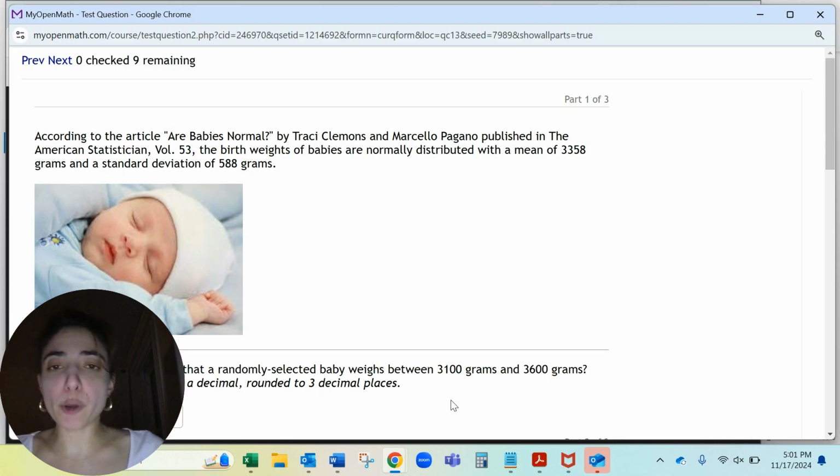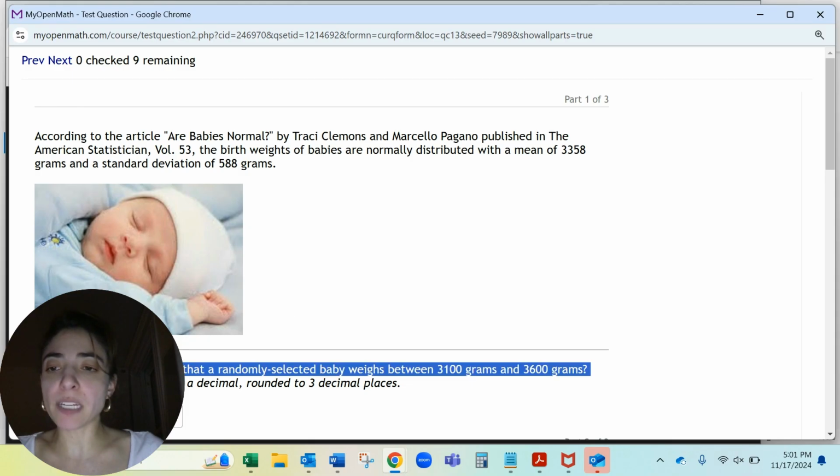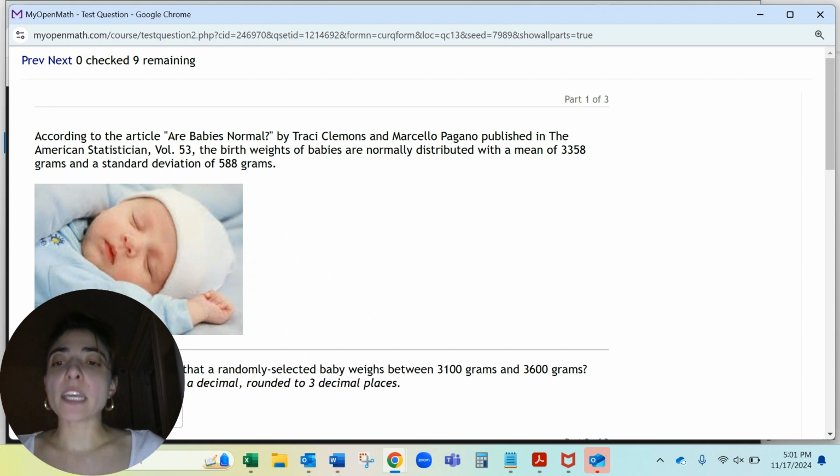Now, first, I noticed that this question is describing baby weights, data that is normally distributed. And that means that calculating any probability related to seeing that data is something I can do using a normal distribution probability calculator.